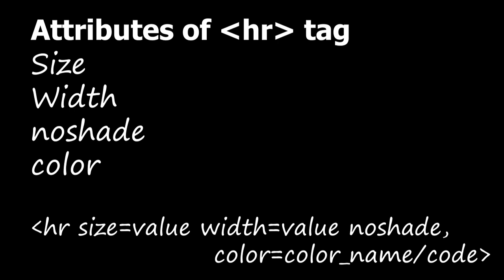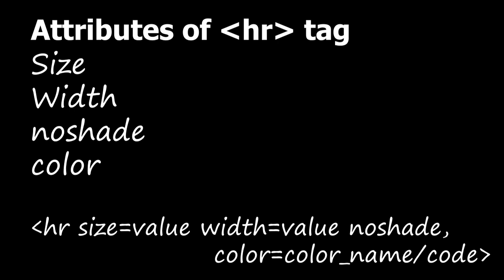Usually the value of the width is specified as 100 percent, which is the default width. That means from left end to right end the full browser page will have that line, right? If you give 50 percent, half of the horizontal line will be there in that browser window, right?